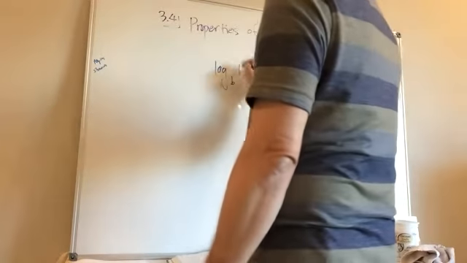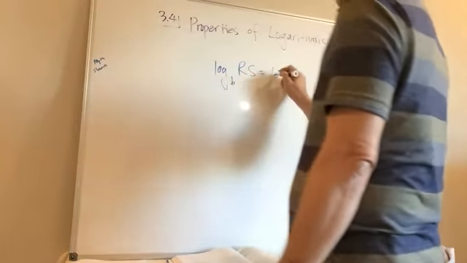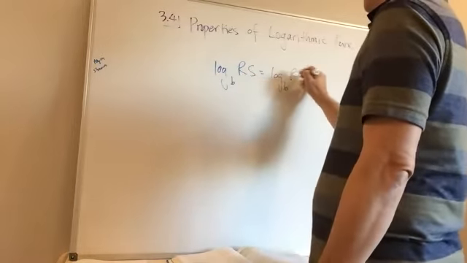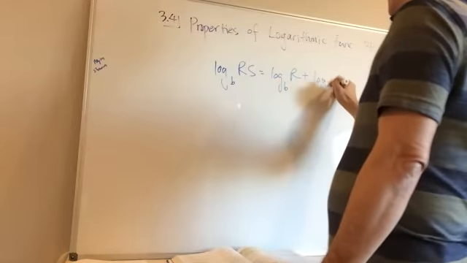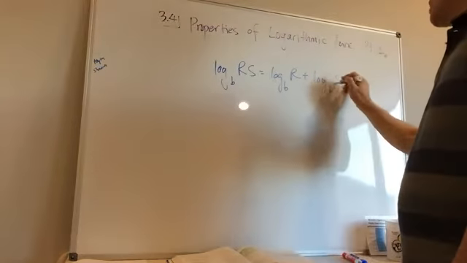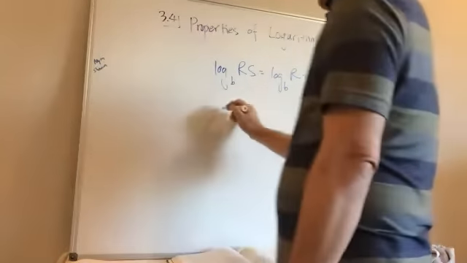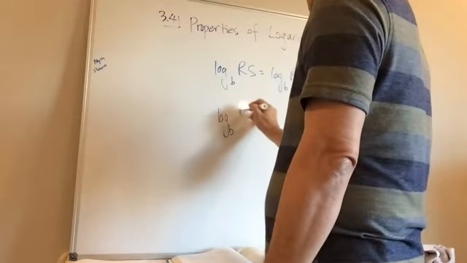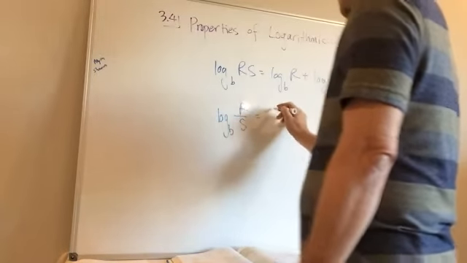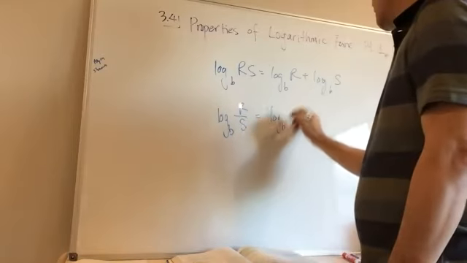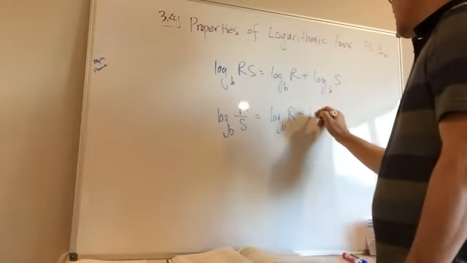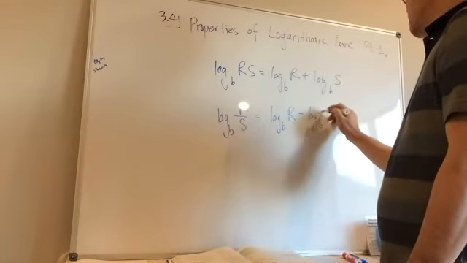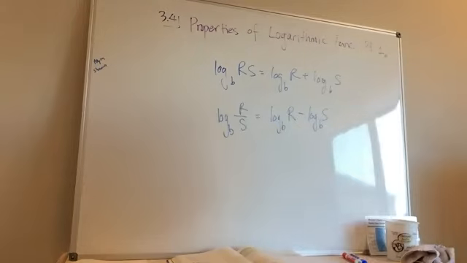Log base b of rs is equal to log base b of r plus log base b of s. The quotient rule would be log base b of r minus log base b of s.